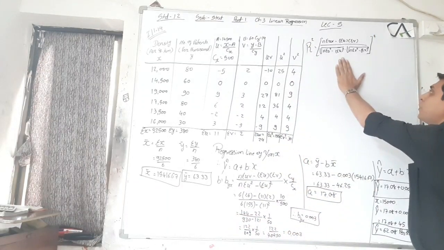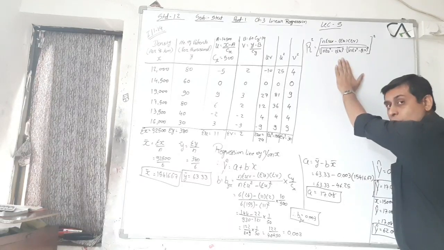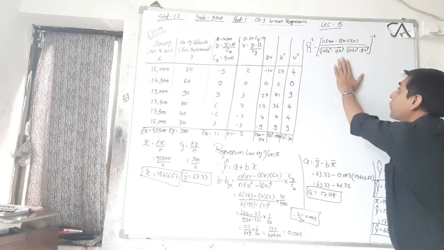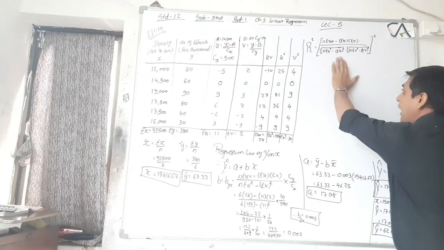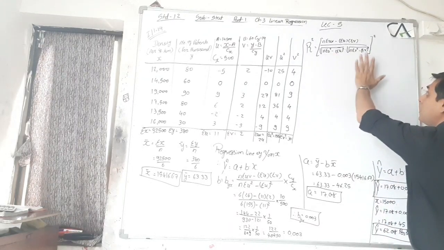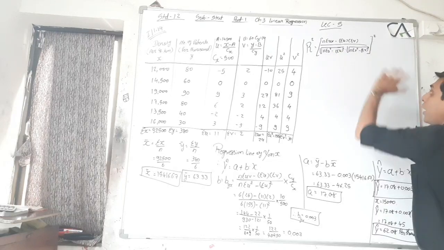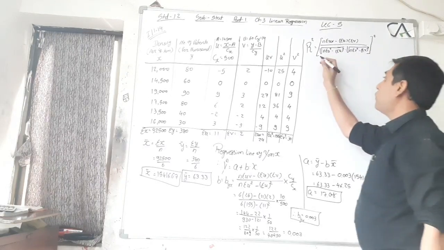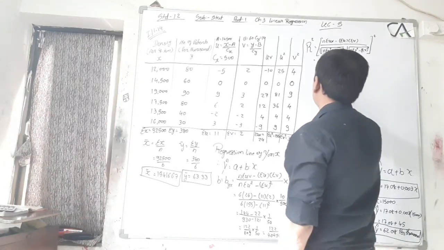This is the formula for r, the coefficient of correlation, shortcut method, and we have to find r square. That's why I am putting it into whole square. So you can simplify this formula also.